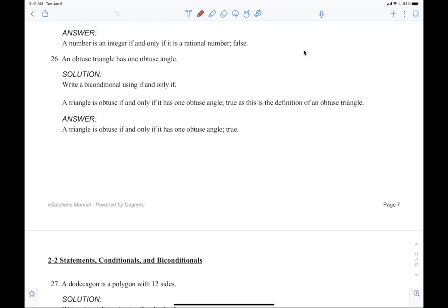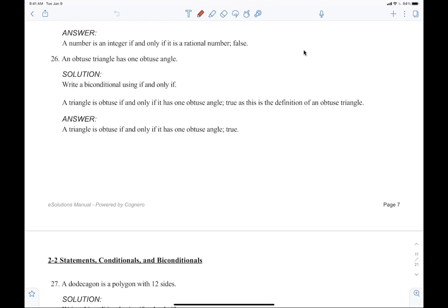Is that true? Yeah. Now the converse would be if a triangle has an obtuse angle, then it is an obtuse triangle. Is that true? Then you can write it as an if and only if. The triangle is obtuse if and only if it has one obtuse angle. If it's false, you don't have to do it as if and only if.